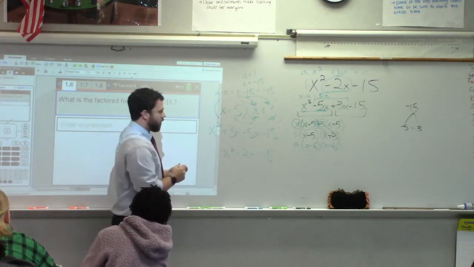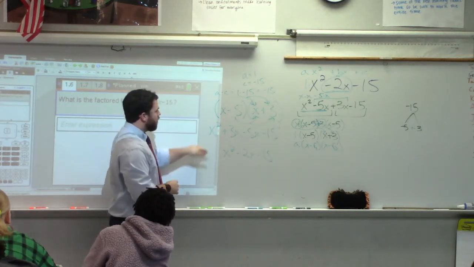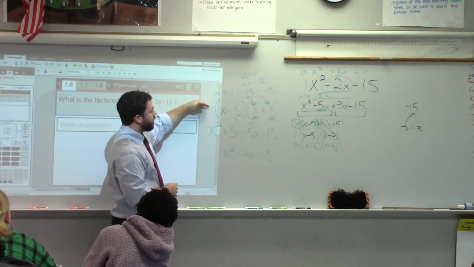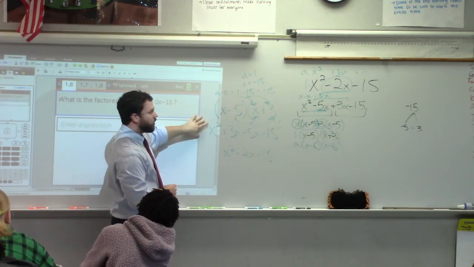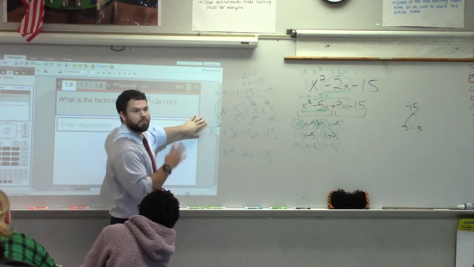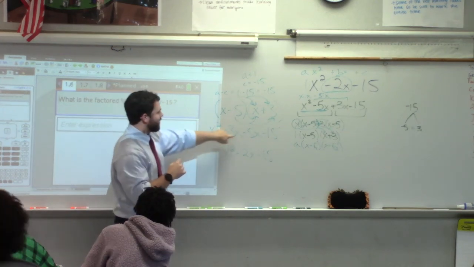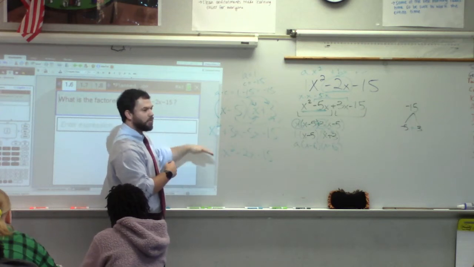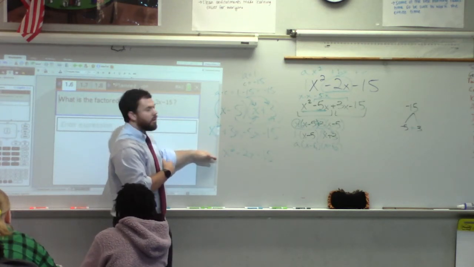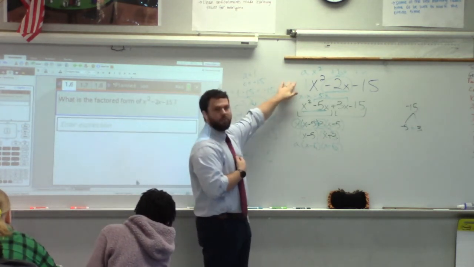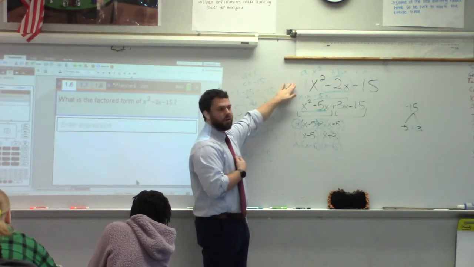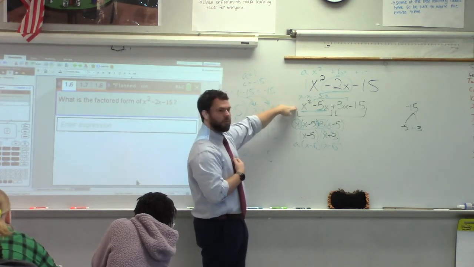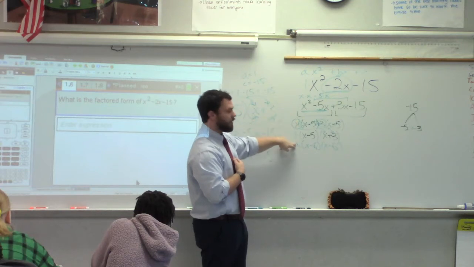Sorry, I'll get a different marker that writes better. Notice, to distribute, we went from factored form and got how many terms? 4. 1, 2, 3, 4, separated by the pluses and minuses. Then we simplified and got to 3 terms. When we factor, we started with 3 terms, then got the 4, and then we were able to factor.